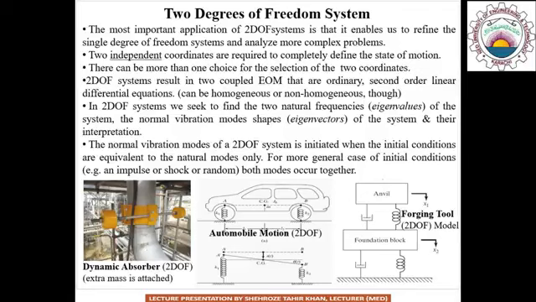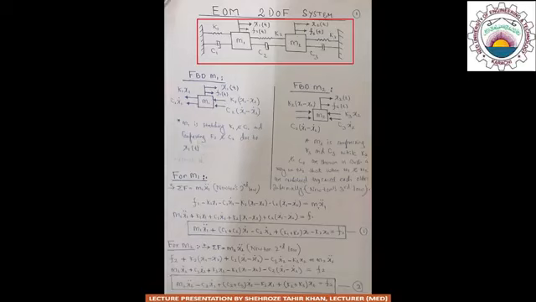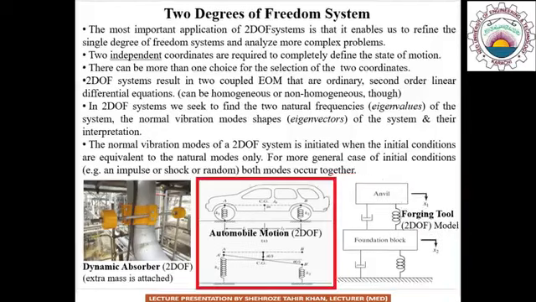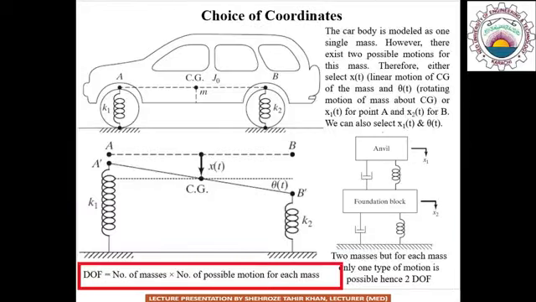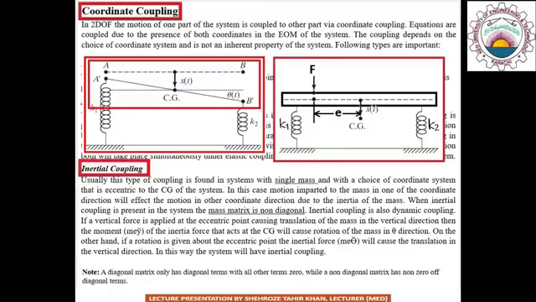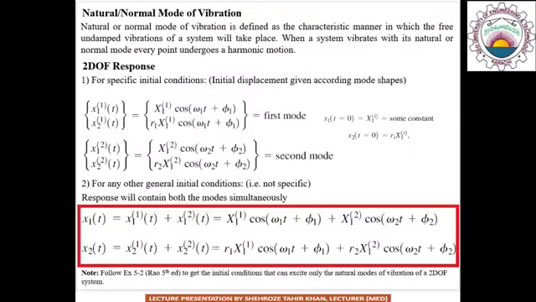We discussed what is a 2 degree of freedom system, how it differs from the single degree of freedom system, what are its equations of motion, what are the real world examples of 2 degree of freedom systems, what is the concept of finding out degrees of freedom in the light of number of masses and number of possible motions, what is the concept of coordinate coupling, and how to determine the natural frequencies and natural mode shapes for such a system.